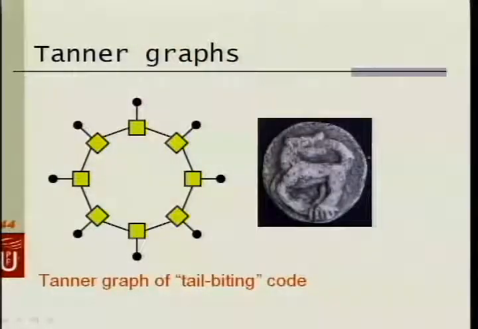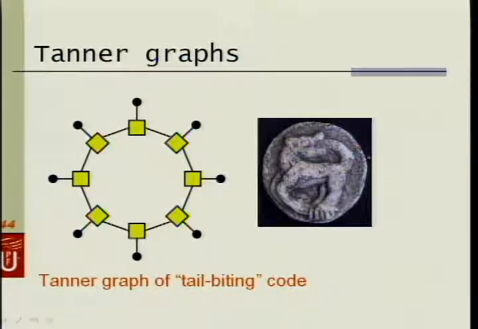Another possibility is to use a tail-biting encoder. Remember, a tail-biting encoder may be very efficient because if we look at the number of states of a standard trellis representation and at the number of states of the corresponding tail-biting representation, that is a trellis such that the initial state and the final state coincide, right?